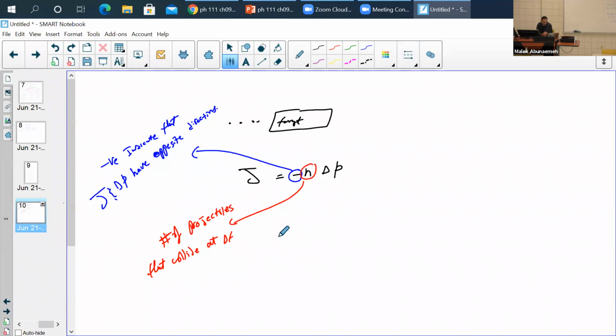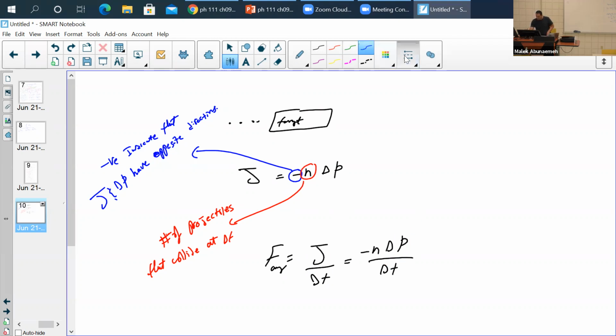So your impulse, and your average force is how much impulse per delta t, which we define the impulse as minus n delta p divided by your delta t.